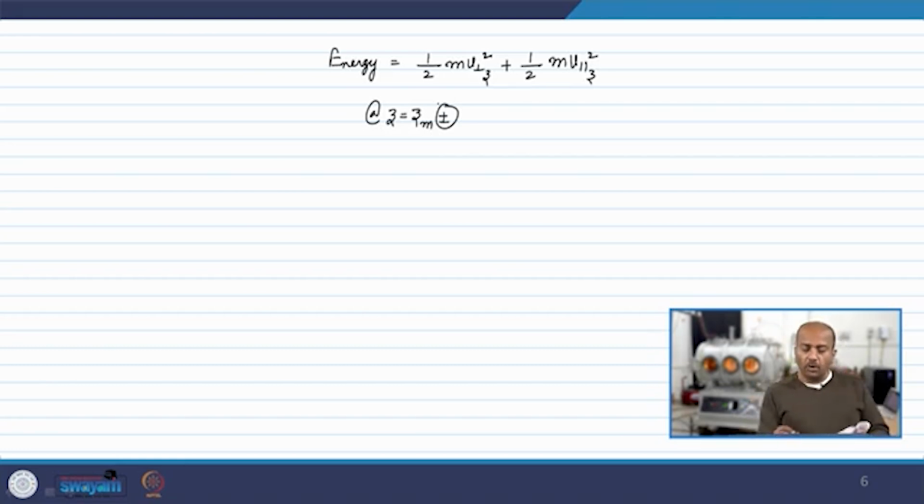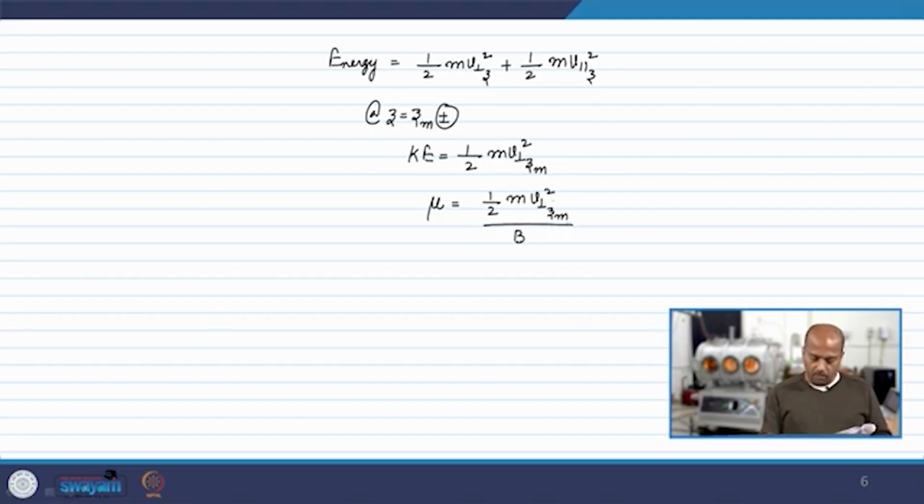So, at the mirroring points, what happens? The kinetic energy is half m v perpendicular Zm squared, and the magnetic moment mu at that point is half m v perpendicular Zm squared divided by B Zm, because we are at the mirroring point.